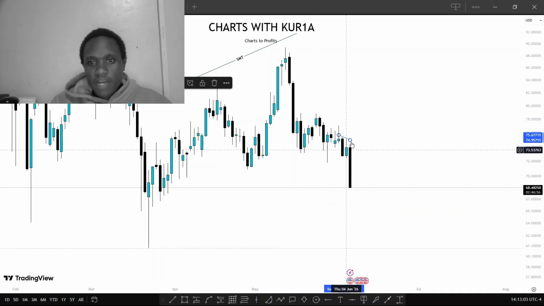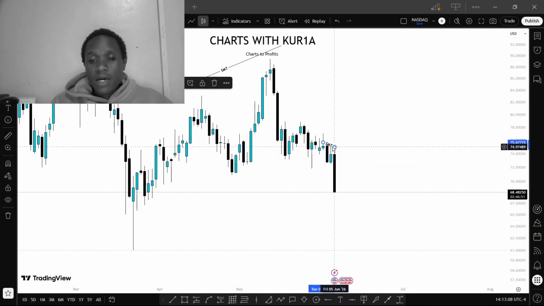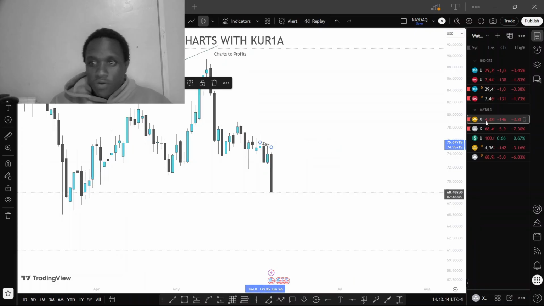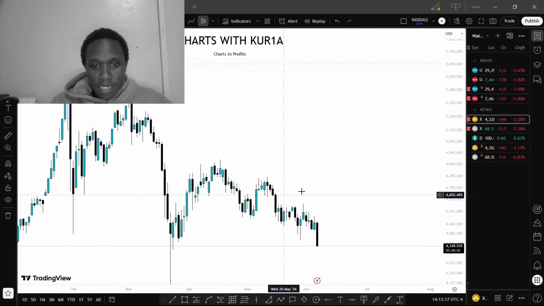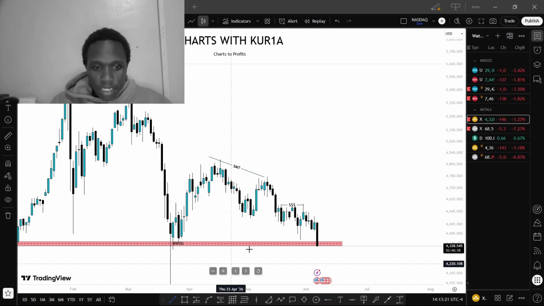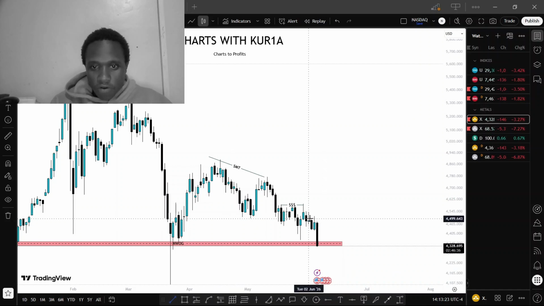We have a lower low on the daily chart and a higher high. We have a lower high on silver and a higher high on gold. So that becomes a very good condition to look for shorts after the manipulation. Okay, right. So this is an SMT which we will mark, of course.